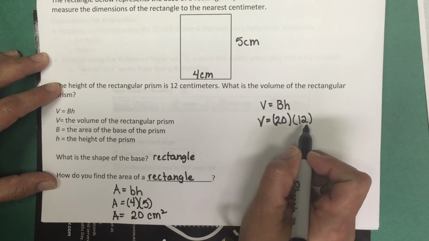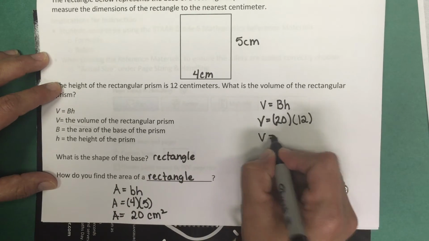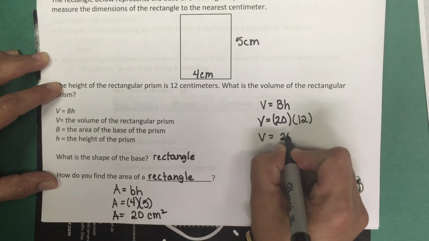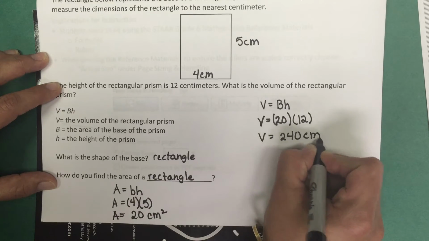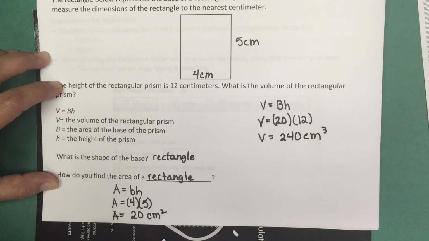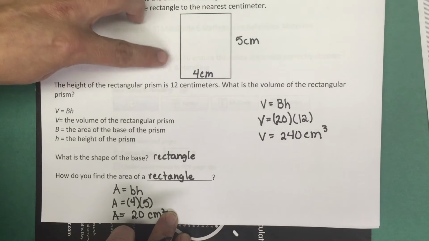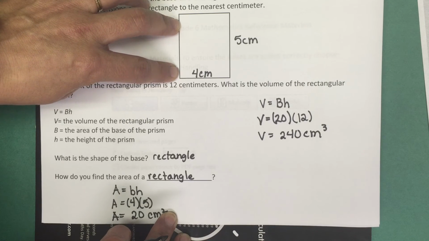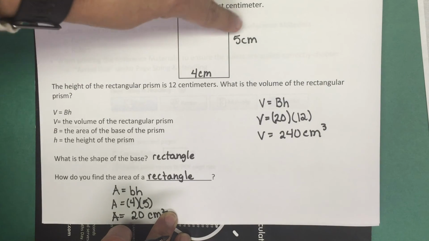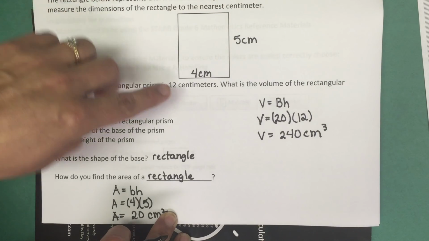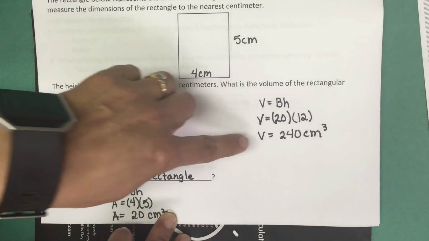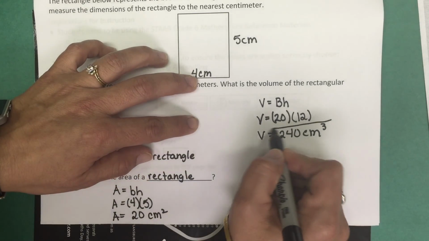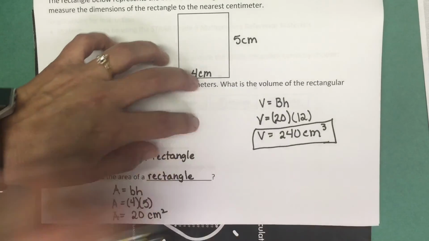So now, to find the volume, we just finish multiplying. 20 times 12 will give us 240. Our dimensions will be centimeters cubed. So the volume of a rectangular prism that has a rectangular base with dimensions of 4 centimeters and 5 centimeters, and a height of 12 centimeters for the prism, will give us a volume of 240 centimeters cubed.